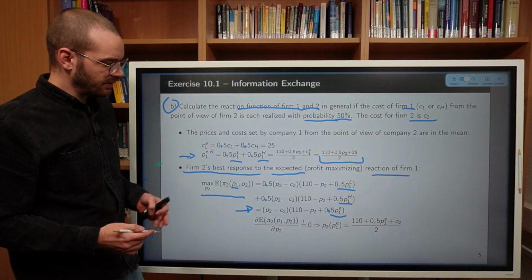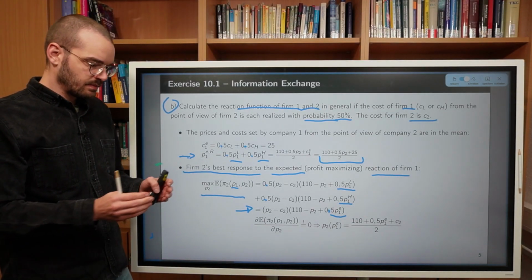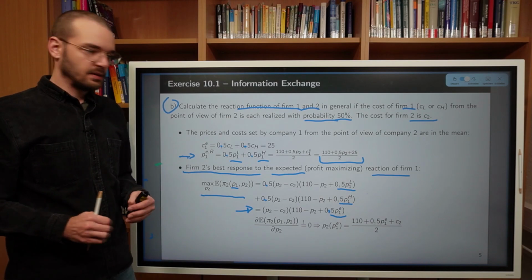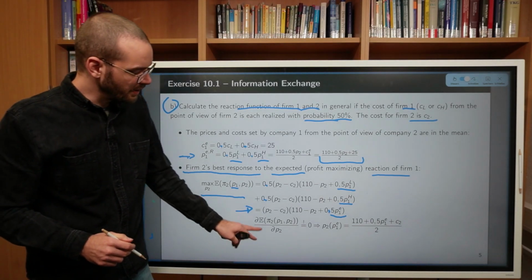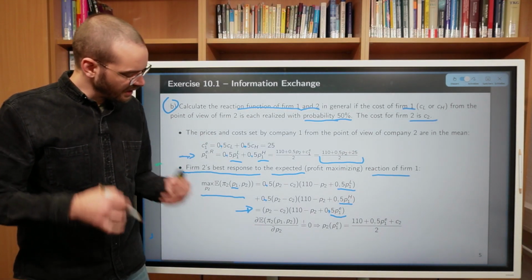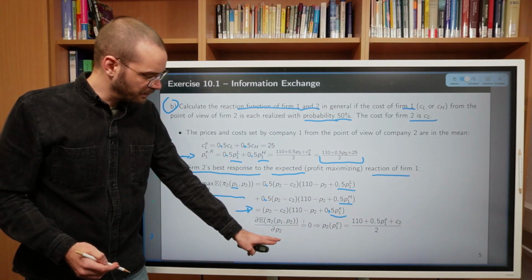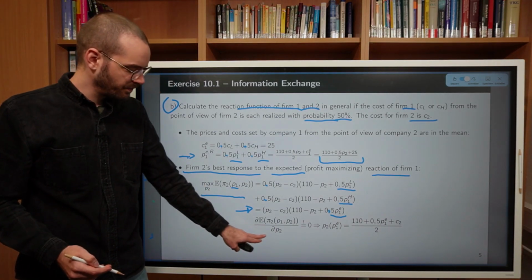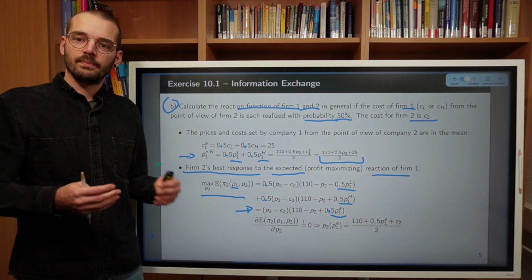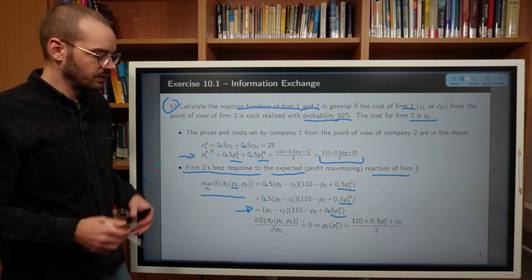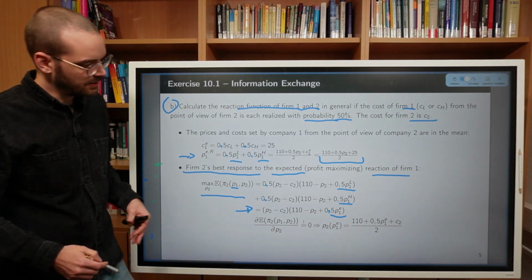Okay, now given this expected price setting behavior from firm 1, firm 2 will now maximize their profits in the usual way, maximizing over the choice of price 2, their own strategic parameter.